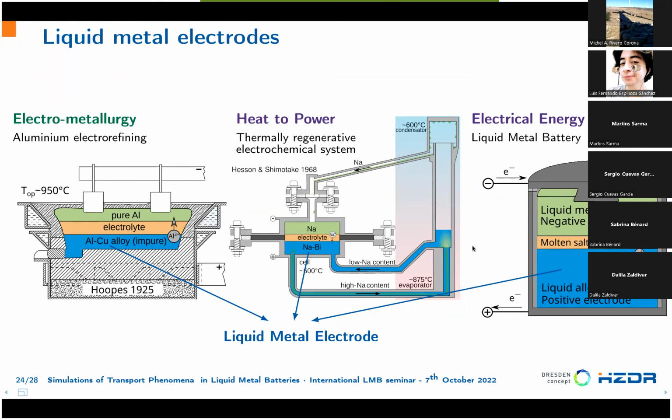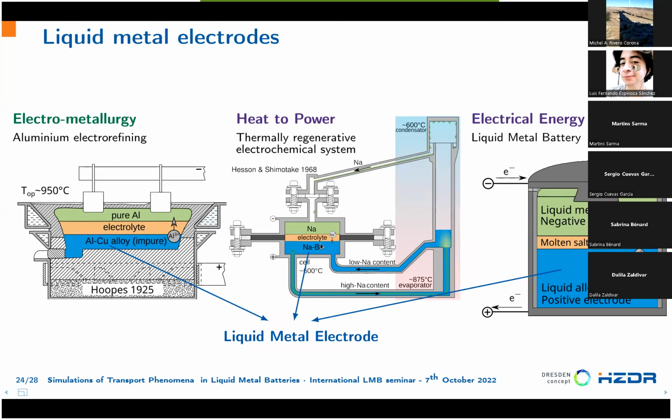So what we discussed up till now is the liquid metal electrode, and I would like to go back a bit to the motivation. This liquid metal electrode that we have in liquid metal batteries is not unique to these cells. It is also present in other devices, like in aluminum electro-refining cells when aluminum-copper alloys are purified, and there we also expect phenomena like the one discussed until now, and as well in e-waste power conversion, where it is used to purify this alloy.